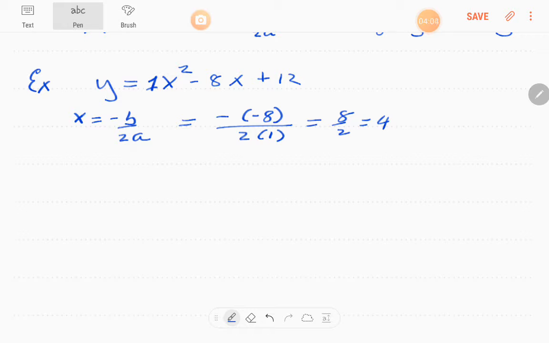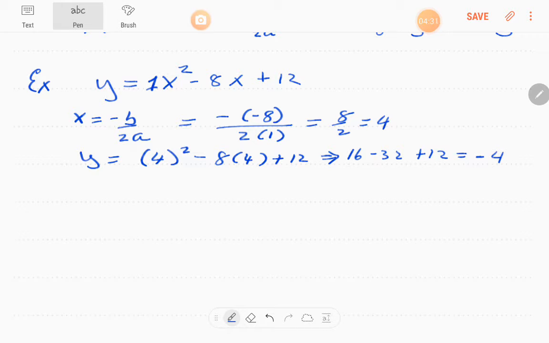And then the y value would equal 4 squared minus 8 times 4 plus 12. So that gives us 16 minus 32 plus 12, which should give us negative 4. Now if we want to graph this, we could create a set of points, with our x value and y value.